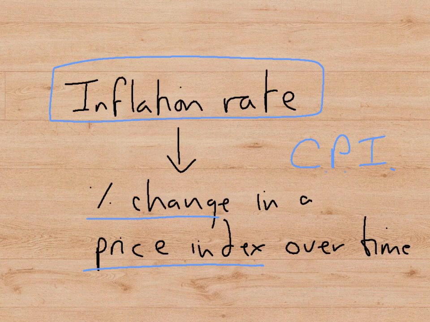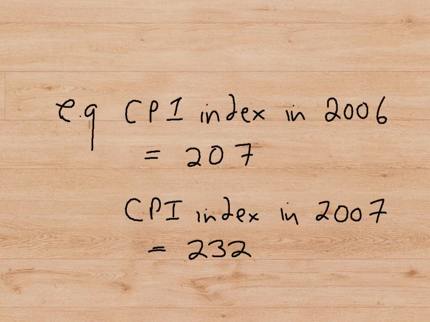So let's use that as our example of why inflation rates may be inaccurate. To measure the inflation rate, we measure the consumer price index at a particular period of time, such as in a year, and we then measure it the following year, and we look at the difference, and the percentage difference is the inflation rate.